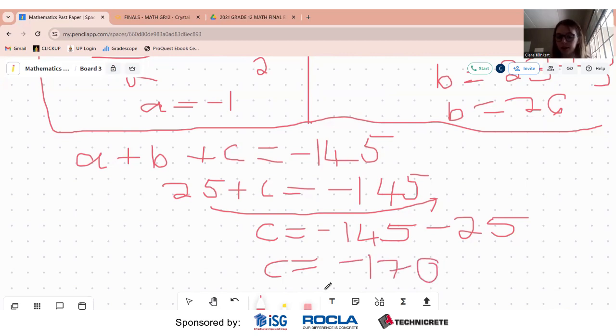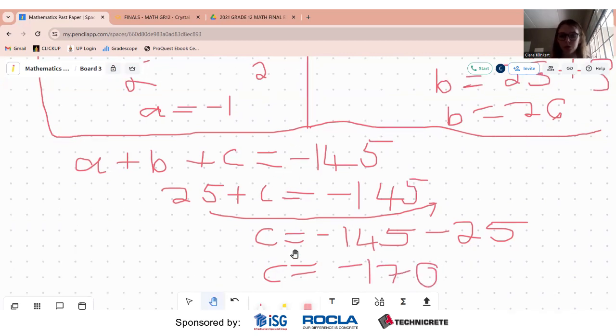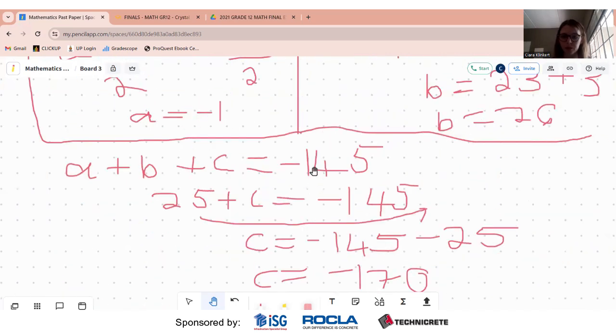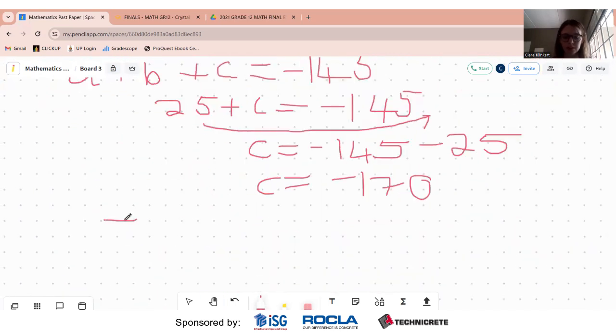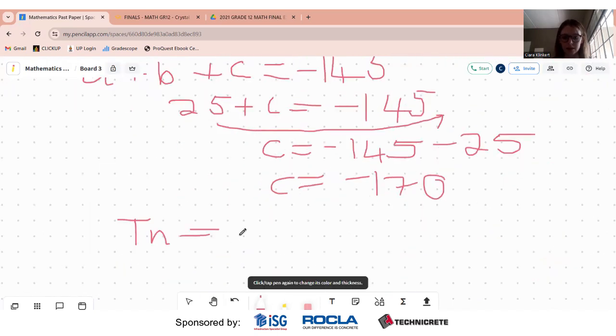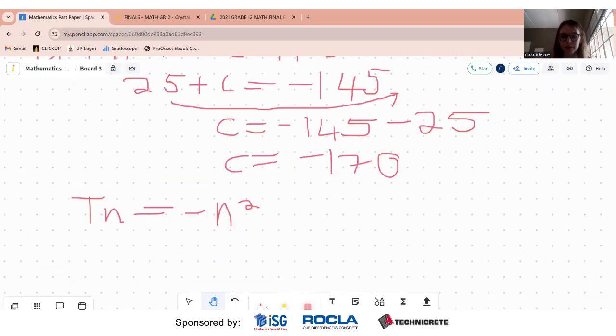I'm not done because I need to substitute all of these quantities into the formula for the general term. So my final answer is that Tn is equal to a, and a is -1. So I'm just going to write -n squared plus bn, and b is 26, so plus 26n plus c, which is -70.